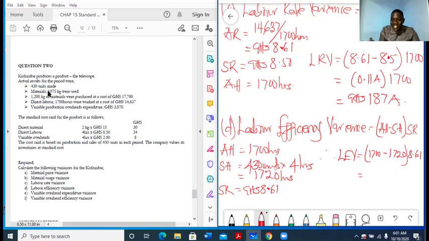We spent less hours. So that gives us 20 favorable measured at 8.61. So 20 times 8.61 gives us 172.2 favorable.